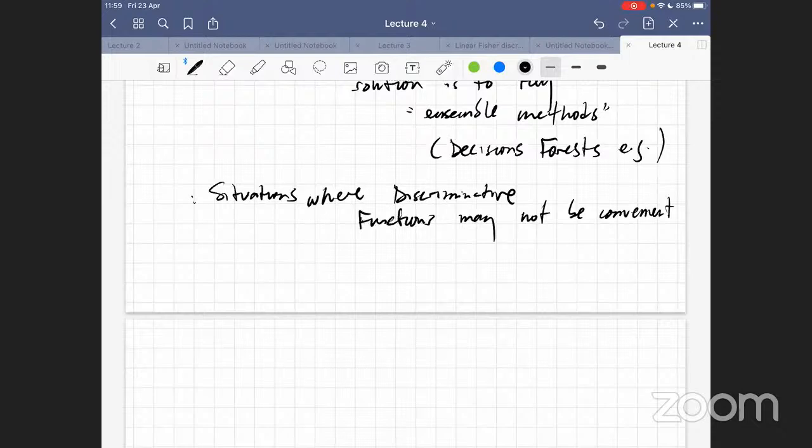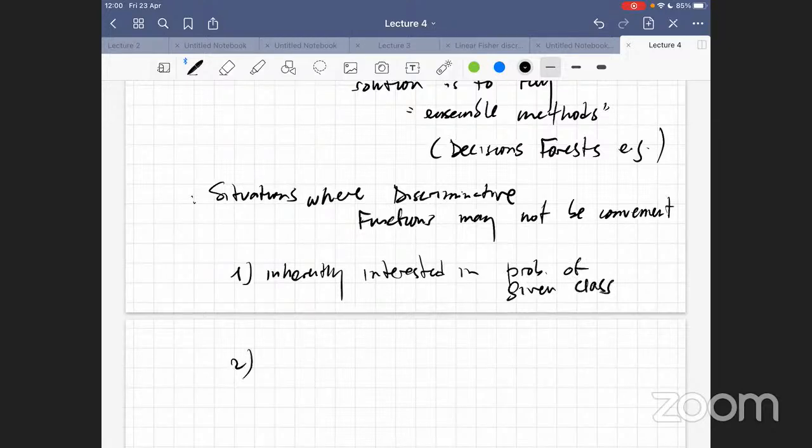So obviously in physics, the probabilistic interpretation of classification is much more motivated, right? So first of all, you are inherently interested in probabilities of a given class.